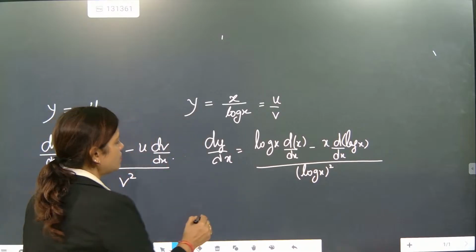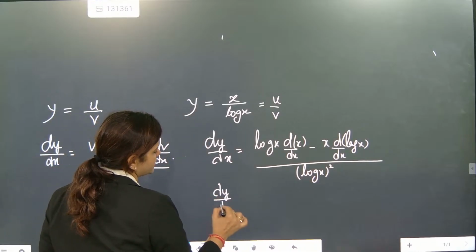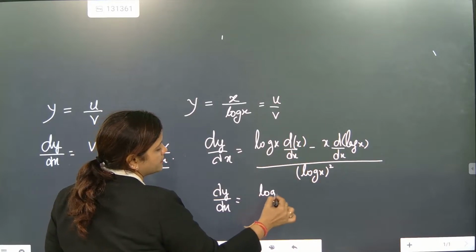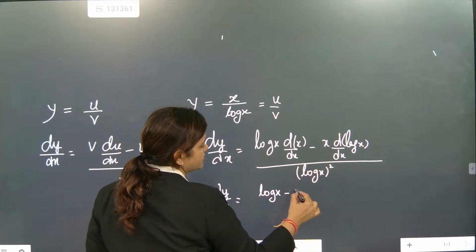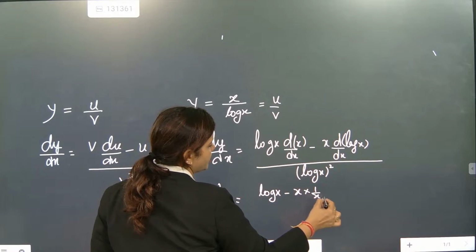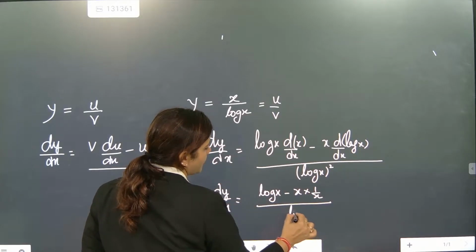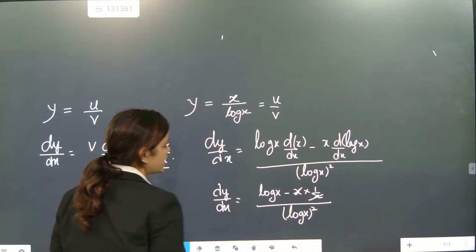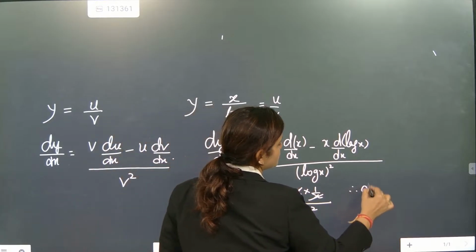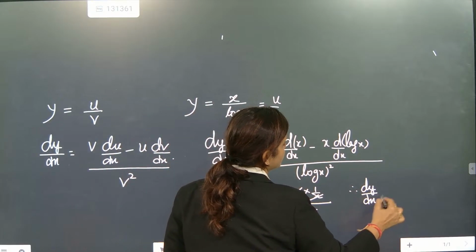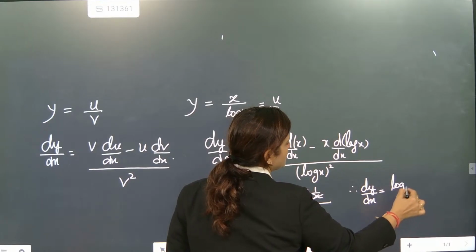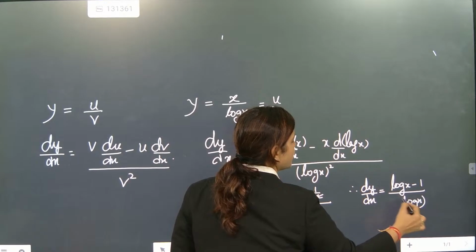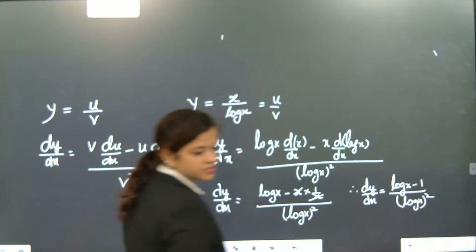So now dy by dx is equal to x differentiation will become 1, minus x into 1 by x, by log x whole square. So this and this will get cancelled. So dy by dx is equal to log x minus 1 by log x whole square. This is the answer.